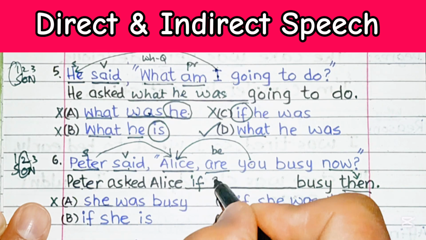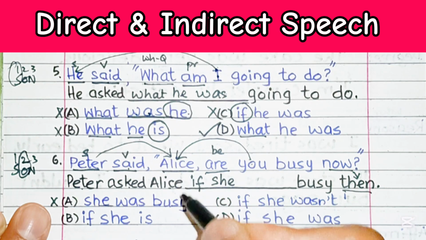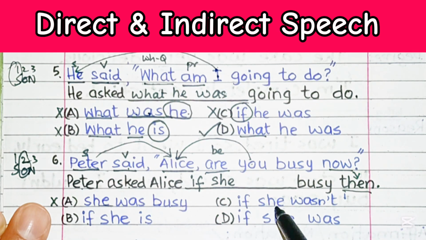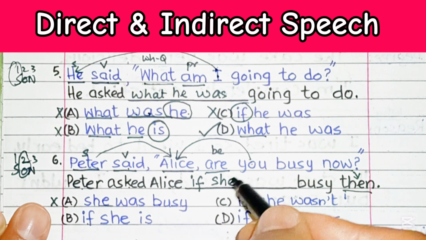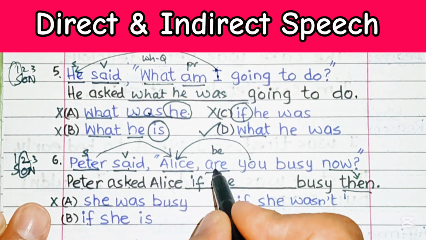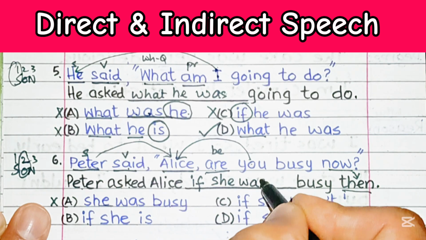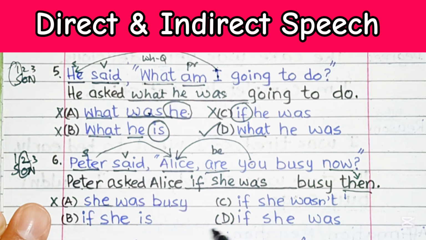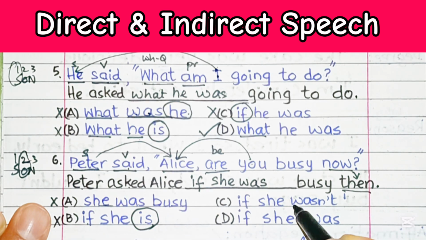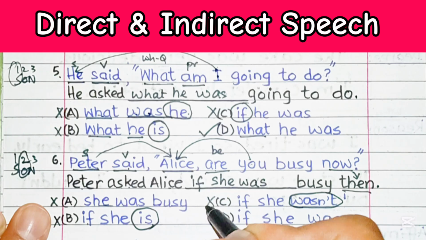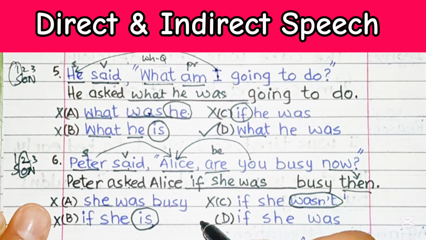Now over here we have to put she. Alice is a female, so she over there, she over there, she over there, all of them qualify. Then this is past tense and this are is in present, so according to she, we have to put it into was. So if she was. This is not having was, so this does not qualify. This is having wasn't, so this again is additional, so the right option is D. Peter asked Alice if she was busy then.